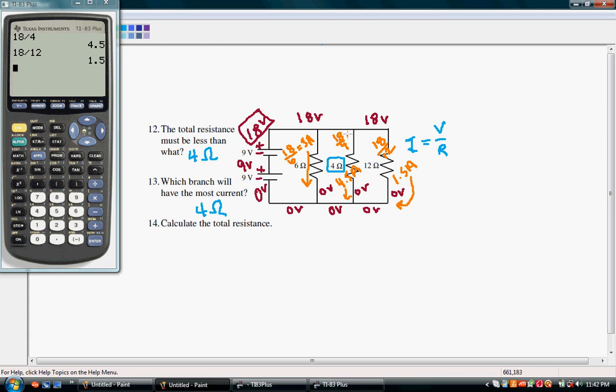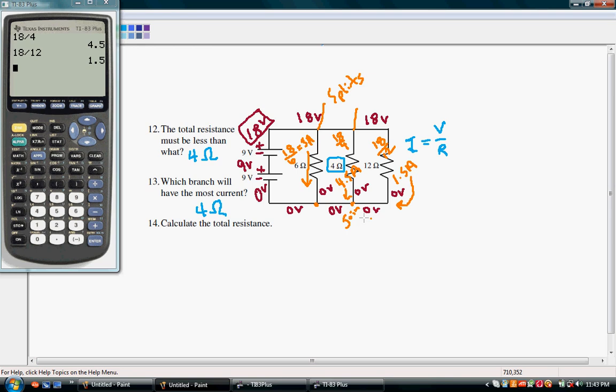Alright, so you take it all the way out, we have a 1.5 amp current coming here, and then these are splits, where the wire splits. Alright, and these are joins, right here and here.